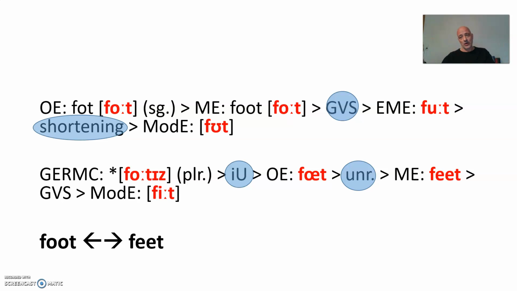And since it is a long E, the rest of the story is clear. It goes into the great vowel shift. And in modern English we have, because of that, feet. Still spells feet. So foot and feet is due to the plural having had I-Mutation a long time ago. Probably 2,000 years or something like that.